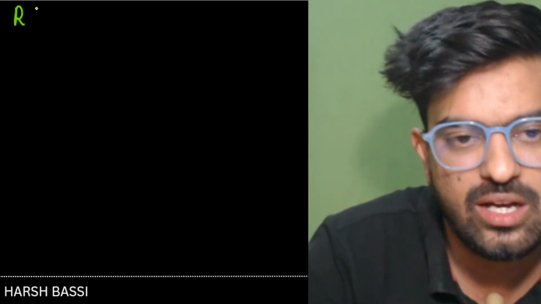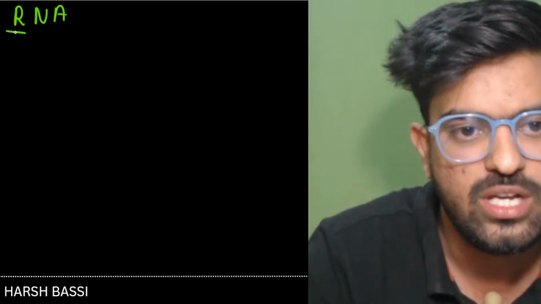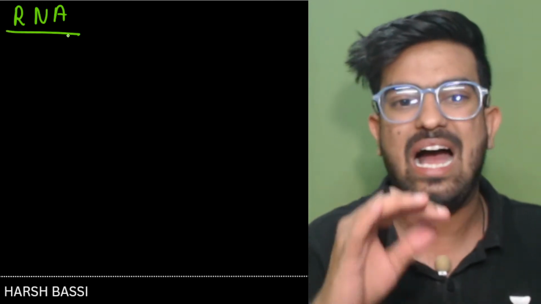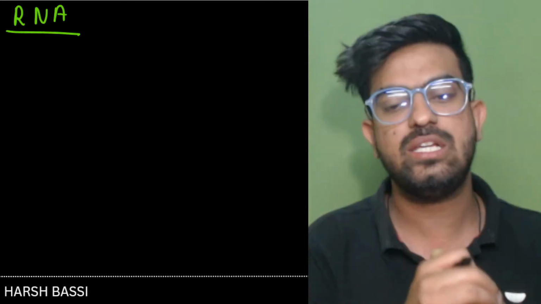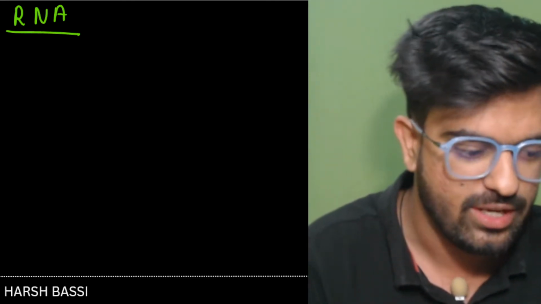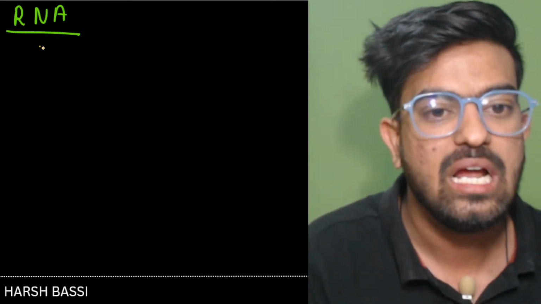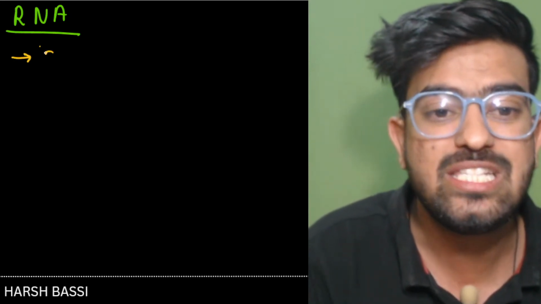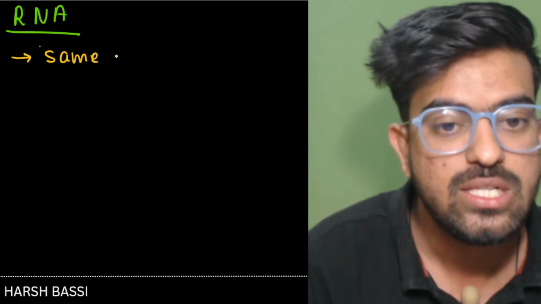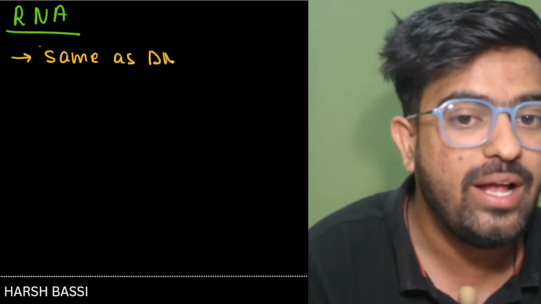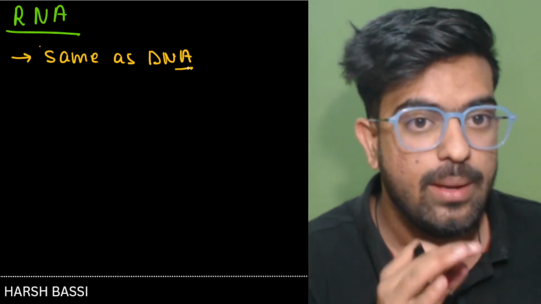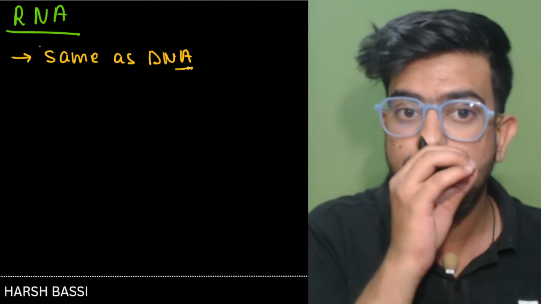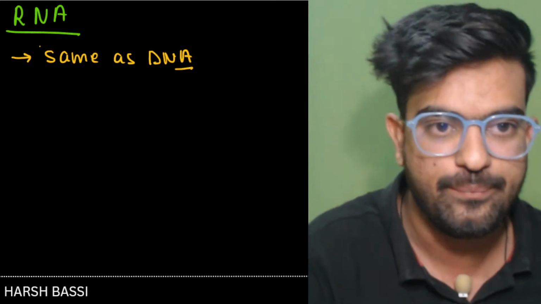Now before starting transcription, I would like to introduce RNA. RNA is ribonucleic acid. If I talk about the structure, it is the same as DNA, but there are differences.